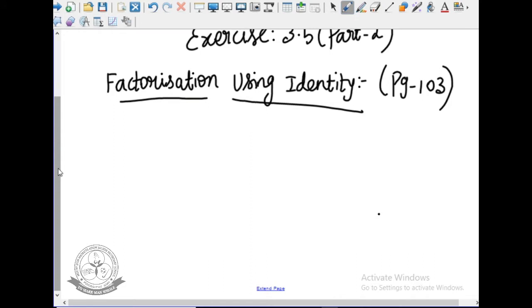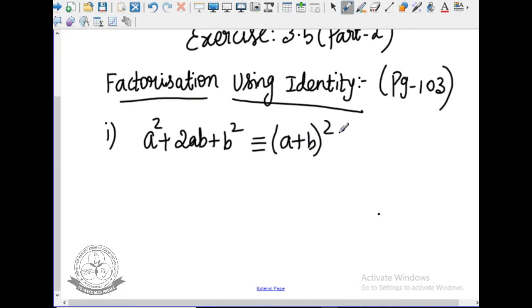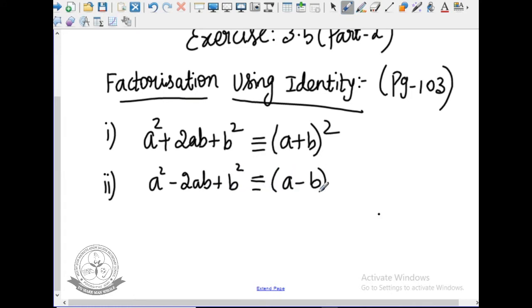The first identity is a square plus 2ab plus b square is identically equal to a plus b whole square. Then the second one, a square minus 2ab plus b square is identically equal to a minus b whole square.